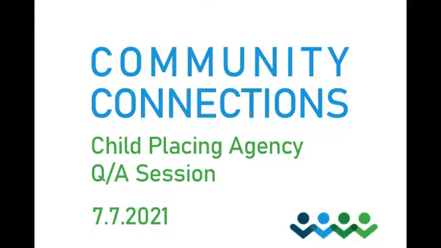Knowing full well there's a lot of things that are not within your control, like medical stuff is not within your control, but you have a responsibility to coordinate and collaborate to ensure to the best of your ability that those services are being provided, and you're sharing that information with those service providers that would provide that service. And ultimately it's up to the guardian to sign off on the plan.